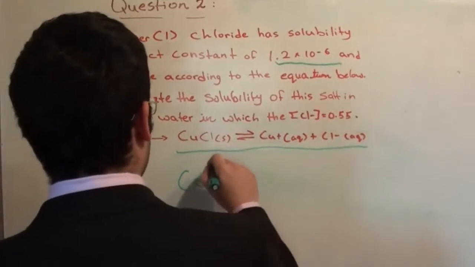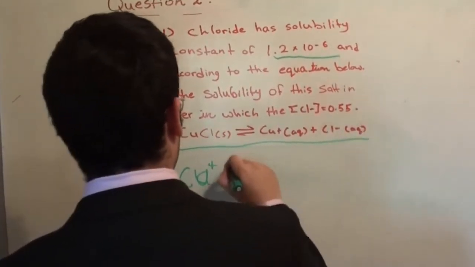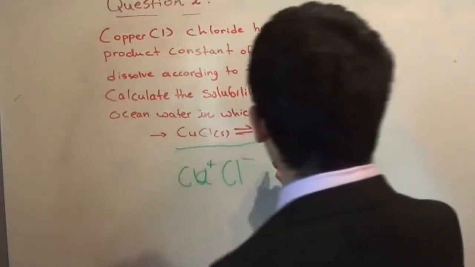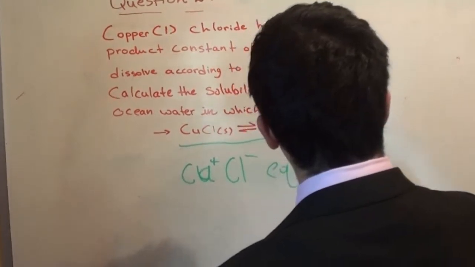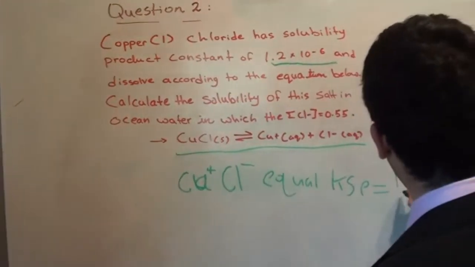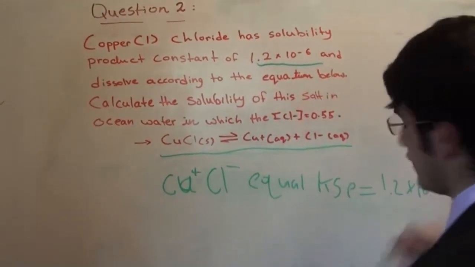Just write down Cu plus and Cl minus equal the KSP, which equals 1.2 times 10 to the power of negative 6.